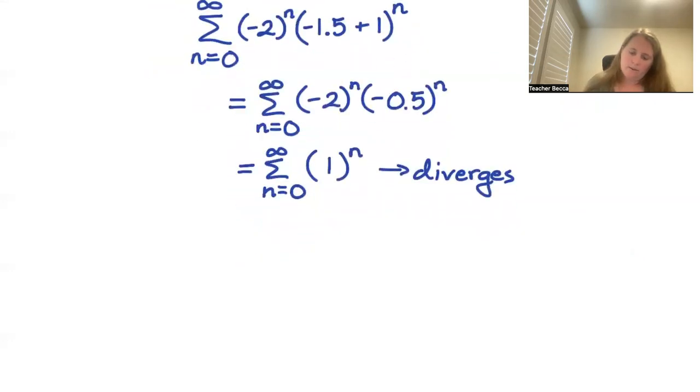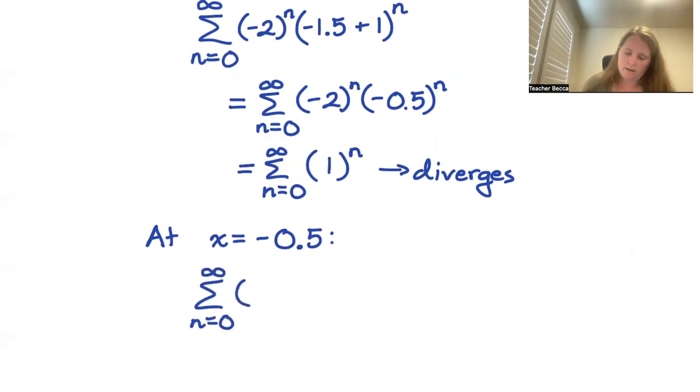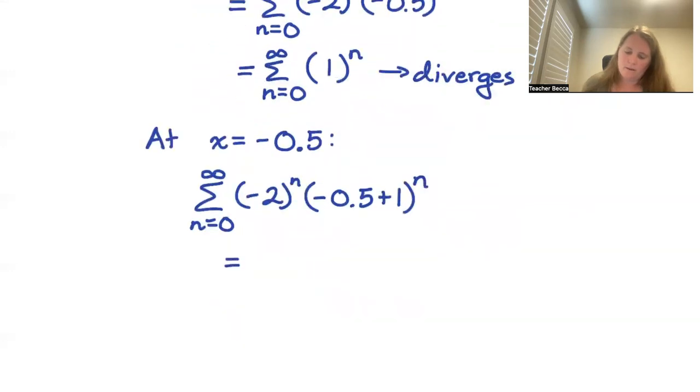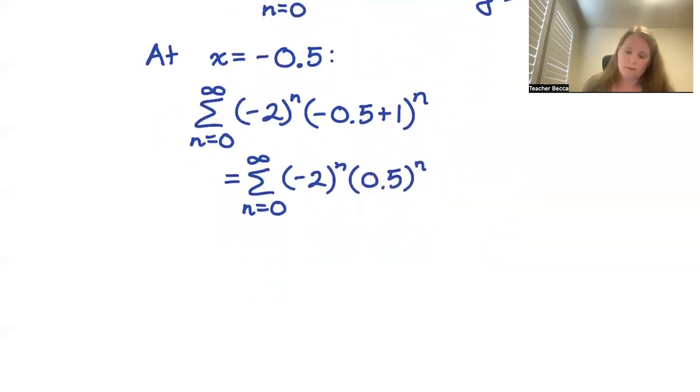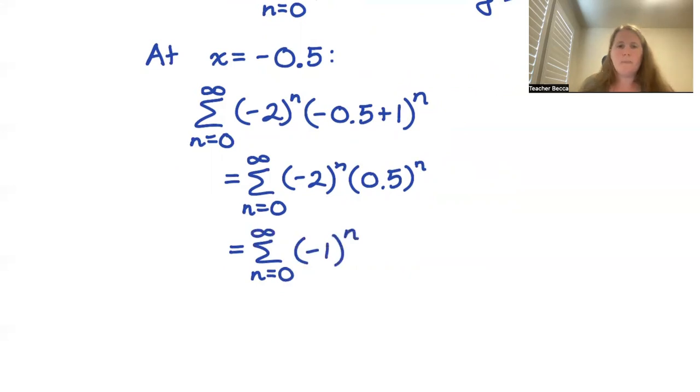And then at x equals -0.5, we have the sum from n equals 0 to infinity of -2 to the n times -0.5 plus 1 raised to the n, which is the sum from n equals 0 to infinity of -2 to the n times 0.5 raised to the n, which is the sum from n equals 0 to infinity of -1 raised to the n.